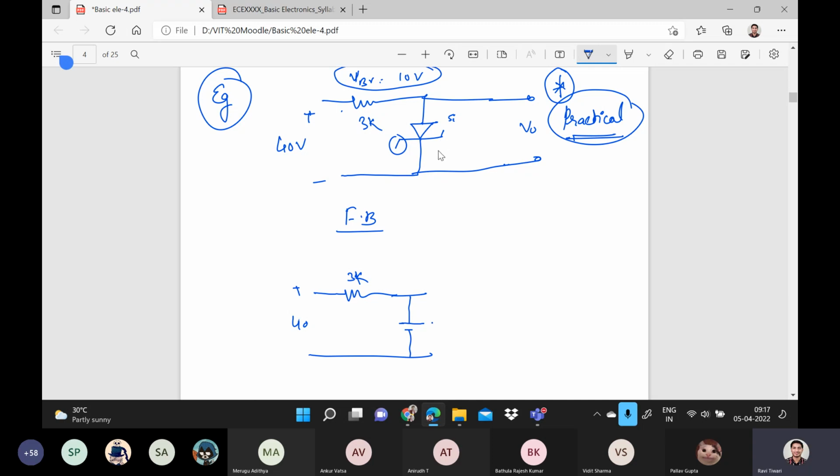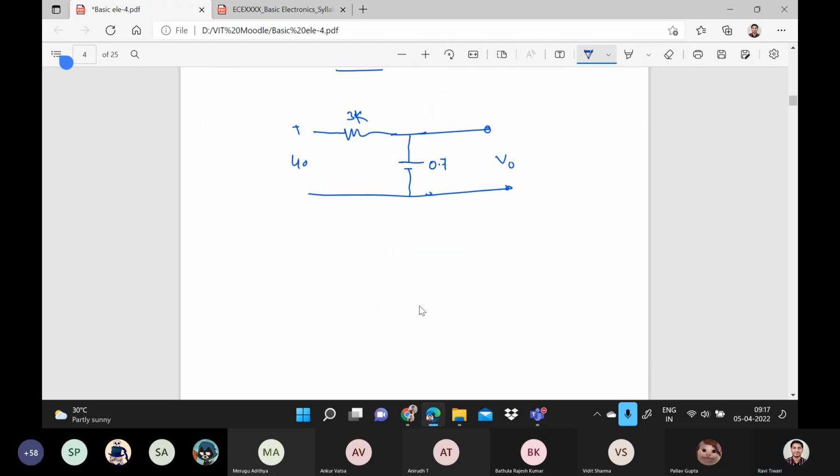In the forward bias, as I told you, the diode will be manufactured with only silicon, so the cut-in voltage will be what? Anyone? 0.7. Okay, and you can find out the value of V out. Tell me the value of V out.